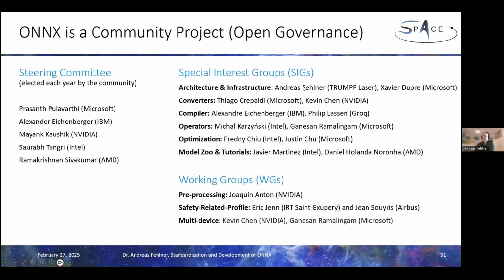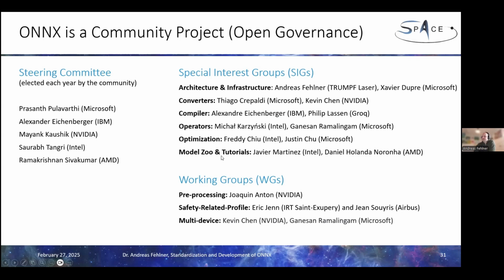But I would say the day-to-day work is done in the special interest groups. There exists, for example, one special interest group for architecture and infrastructure, or for the converters and compilers, which operators should be included, how the optimization should work, or how some models should be done.